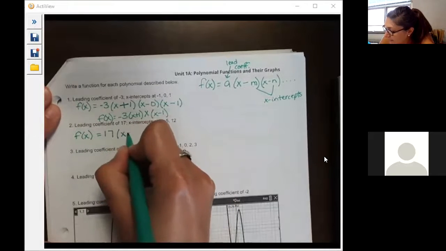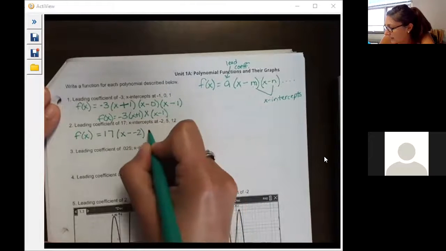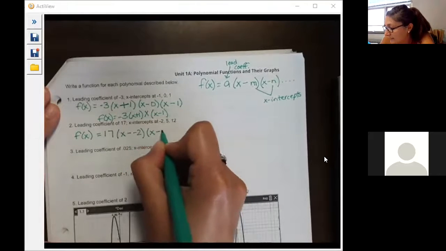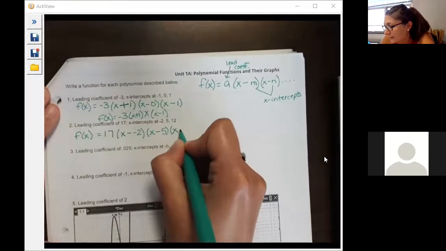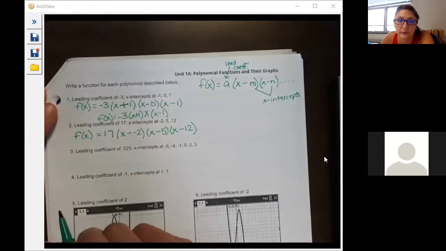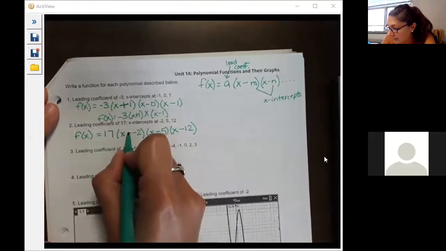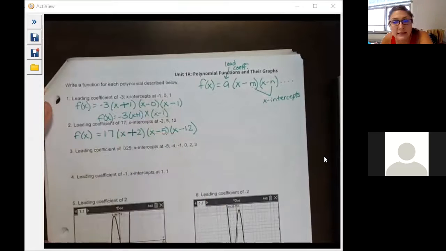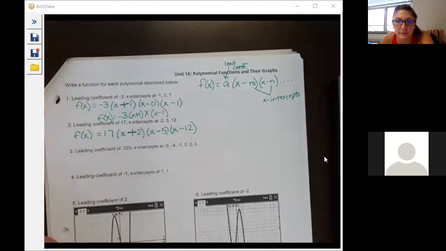And then x minus -2, x minus 5, and x minus 12. And then just one thing to tidy up here, minus a negative, we want to clean up to a positive. So I have x plus 2 for that first, these are called factors, for that first factor.